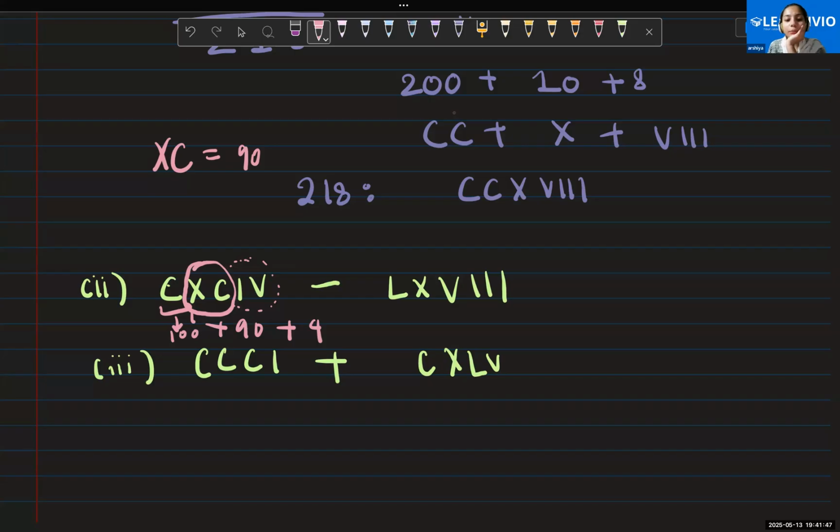Okay, how much did you get? In the first one, I got 126. In Roman numerals, it's CXXVI. Yes, correct.